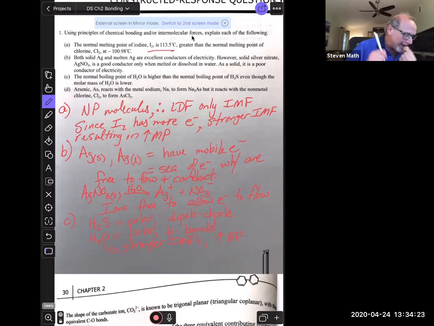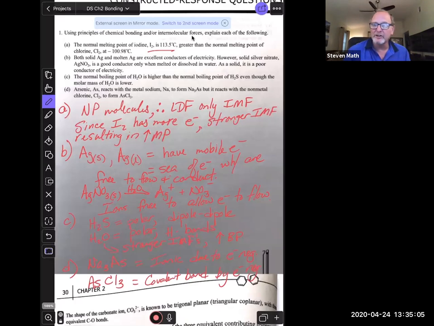Okay? In D, now we've got to get down to bonding. They haven't really asked a bonding question. What they want to know is how come Na3As can happen, but also that we could form AsCl3. And what we say here is Na3As is an ionic bond due to electronegativity, whereas AsCl3 is a covalent bond as dictated by the electronegativity difference.